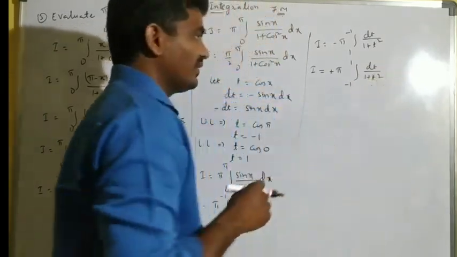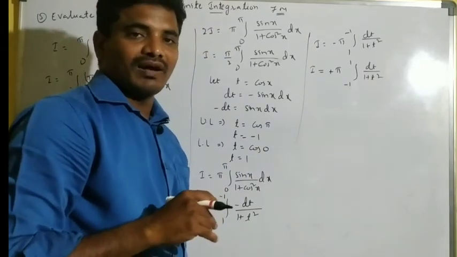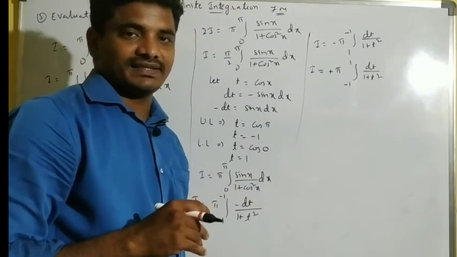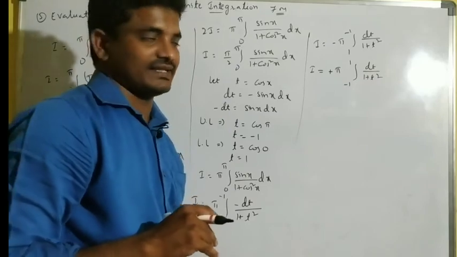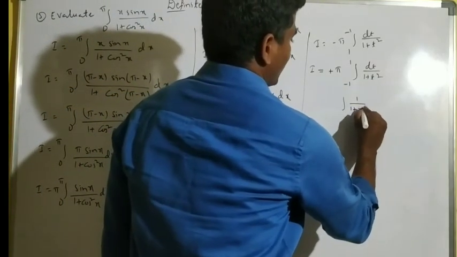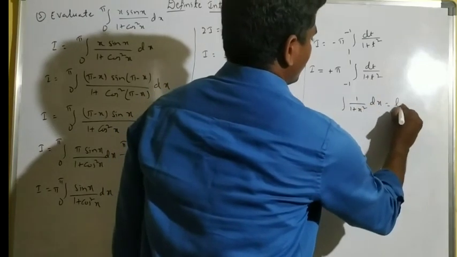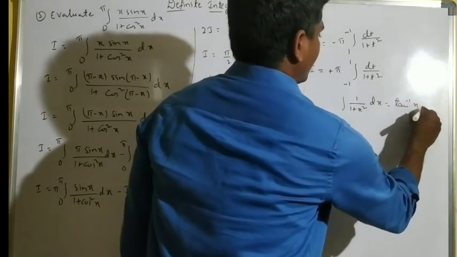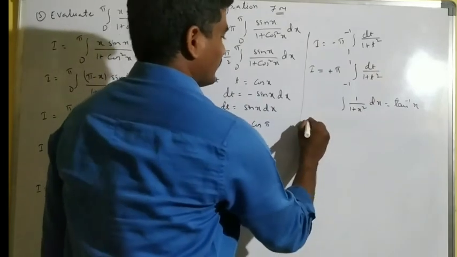It is like the integration of 1 by 1 plus x square dx, which equals tan inverse x. This formula we are going to use here.